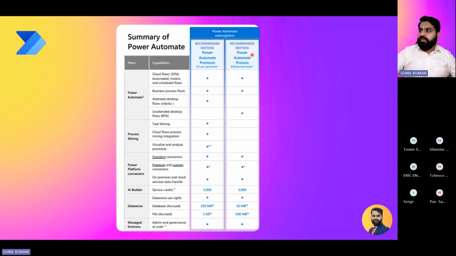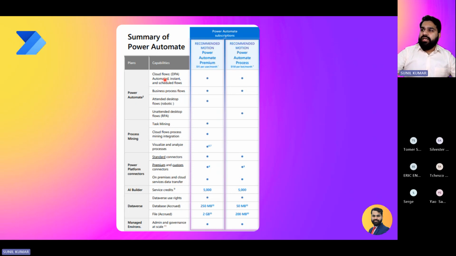The other type of subscription is Power Automate Process, which is $150 per bot per month. This is not assigned to a user; in turn, it is assigned to a particular Power Automate. What is the difference between these two? I'll come to that.